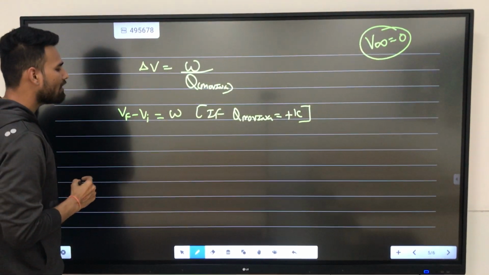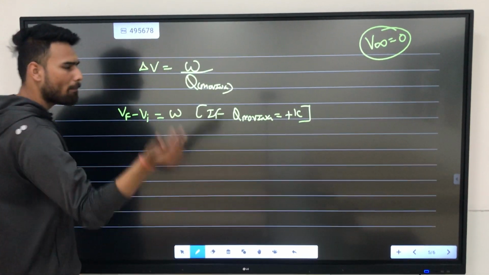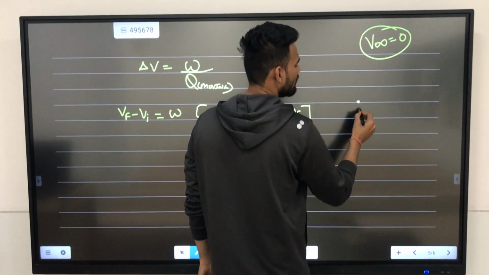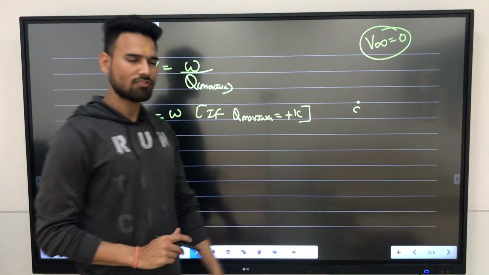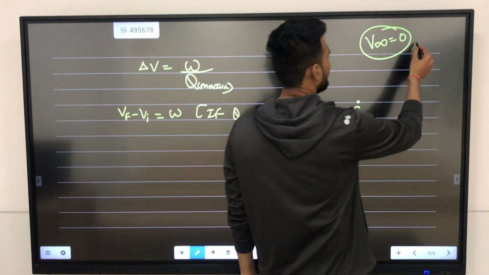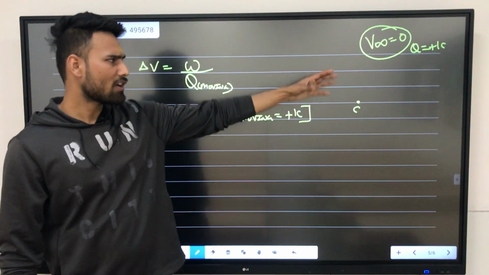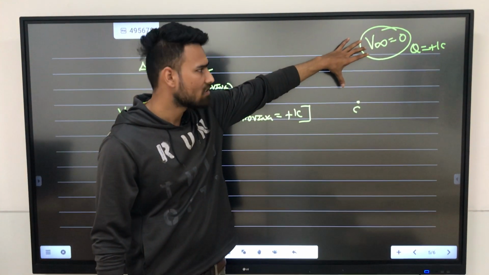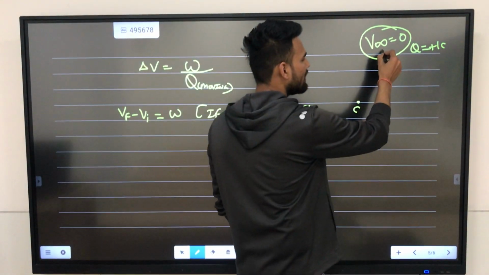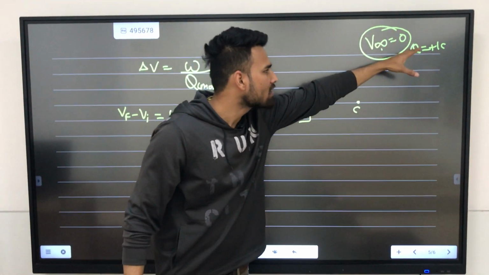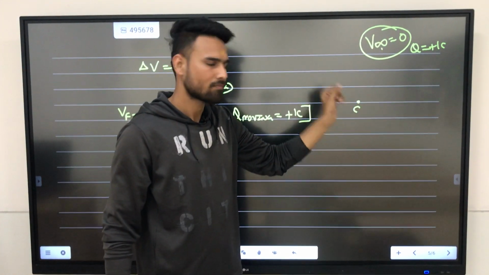So if we want to define the potential of a particular point, suppose I want to define the potential of C, and here the charge is again plus 1 coulomb. So the potential difference between these two points, that is C and infinity, will be equal to the amount of work done to move a charge from here to here.